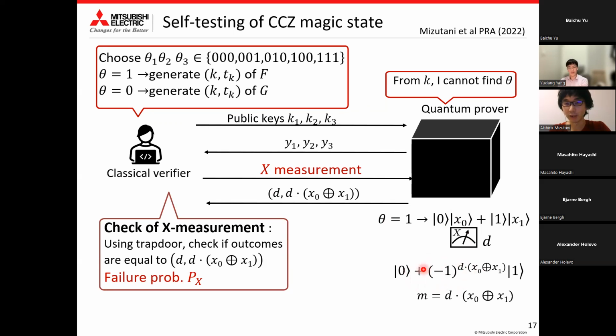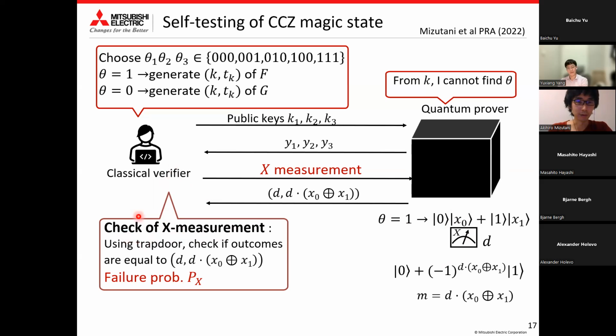So this is either ket plus or ket minus, depending on this exponent, which is denoted by M. Of course, if we measure this state in the X basis, then we can obtain this exponent. So the prover sends the verifier the first X basis measurement result and the second X basis measurement result.